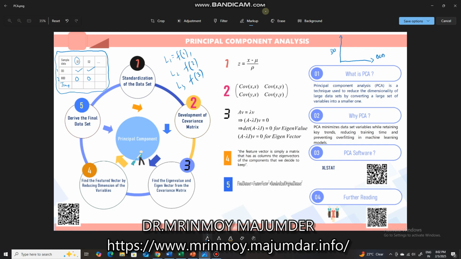Correct? And accordingly, the samples will take a place in this 2D domain, in this 2D plot. S1, S2, if there are two samples, there will be two crosses. If there are SN number of samples, then there will be n number of crosses. Right? But you can easily show them in a 2-dimensional plot.